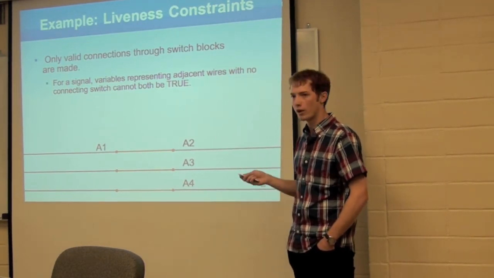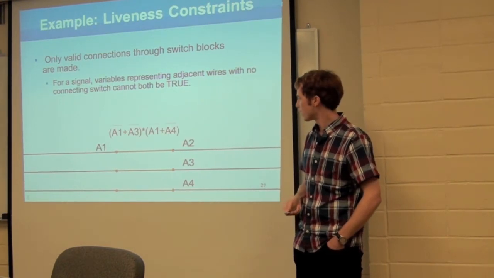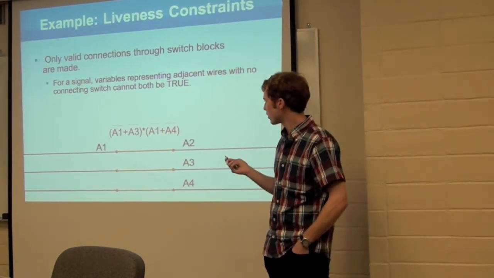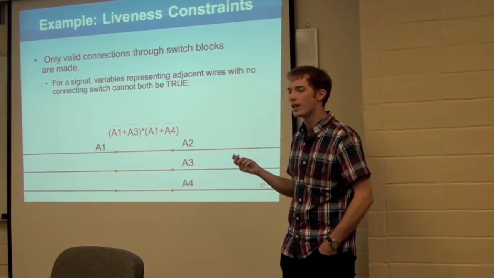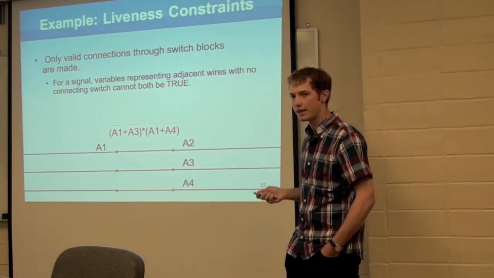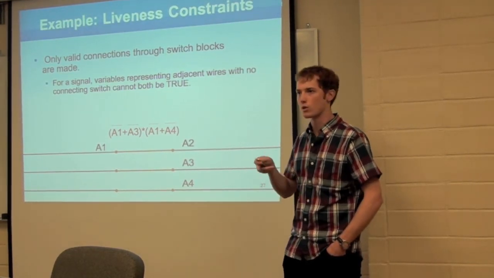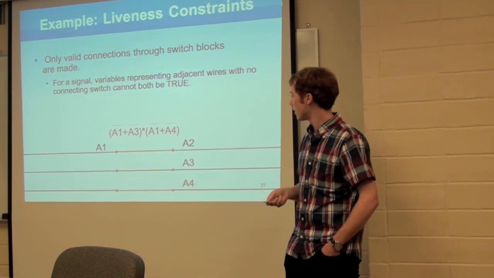And same goes with A1 and A4. All other connections for signal A1 are valid. So the clauses that we would generate are these ones. We want to forbid both A1 and A3 from being true, and we want to forbid both A1 and A4 from being true. So one of those signals within those pairs has to be false.